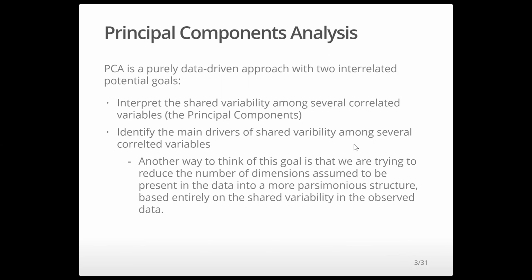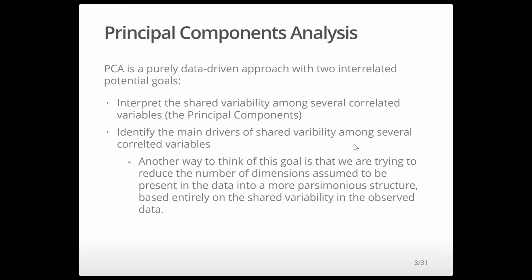So PCA is a purely data-driven approach. It really just relies on the data set entirely, and it has two goals. It helps us interpret the shared variability among the several variables that are naturally correlated. And so this is the principal components. And then it also helps us identify what's driving this shared variability among correlated variables.